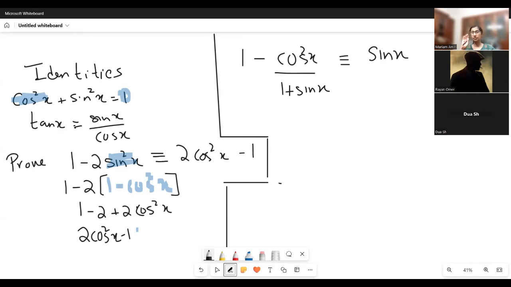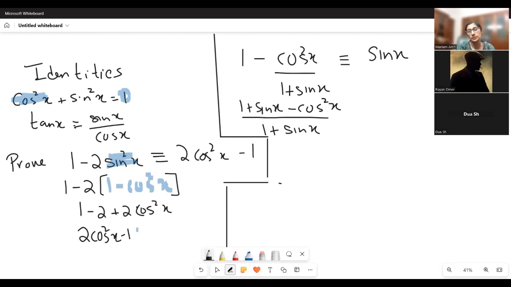On the left-hand side, I have 1 minus cos square x upon the denominator. So first thing we should do is change the left-hand side into a single fraction. So I'm going to take LCM here. 1 plus sine x. And then we have 1 plus sine x minus cos square x.